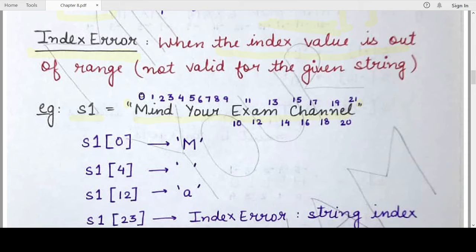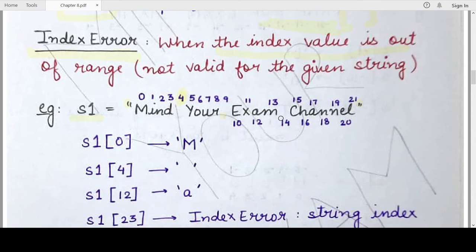The first character from the left will have the index 0, then the second character will have the index 1, the third character would have the index 2, and these index values increase by 1 as you move from left to right. One thing to note here is that the space character present within this string will also be assigned an index. Here the space character is coming at the 5th position, which is why it will be assigned the index value of 4.